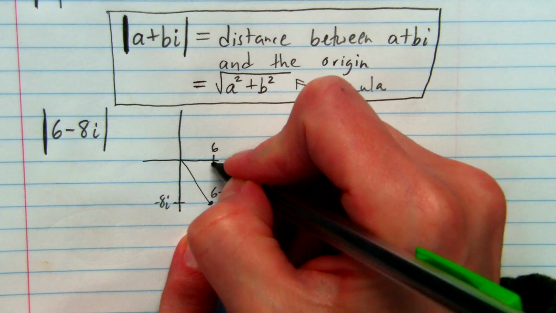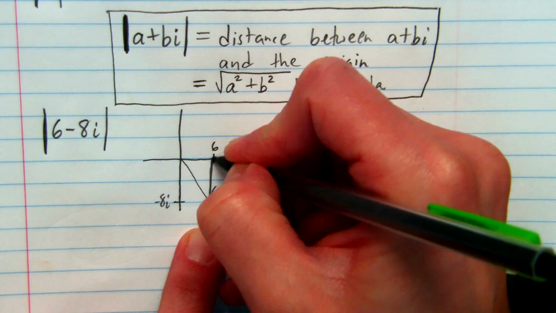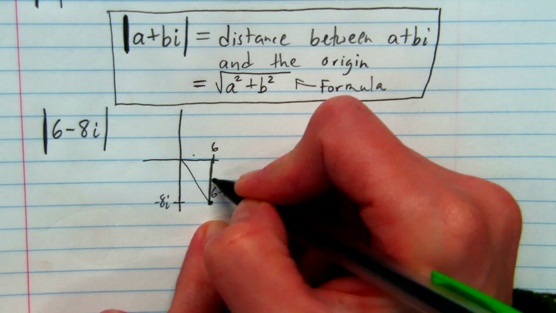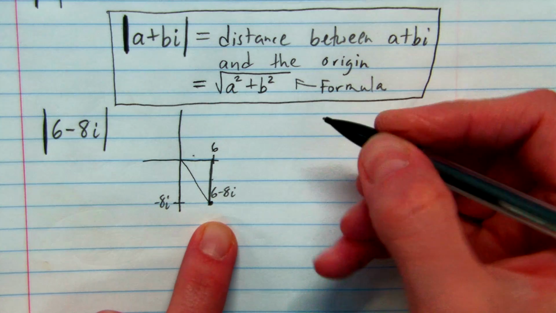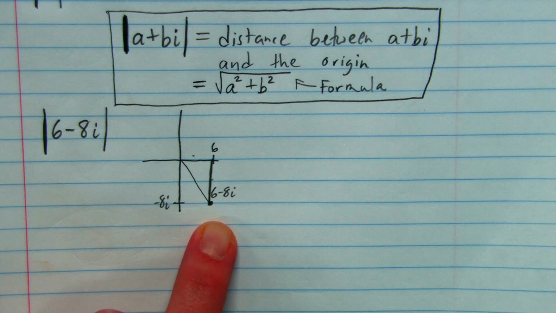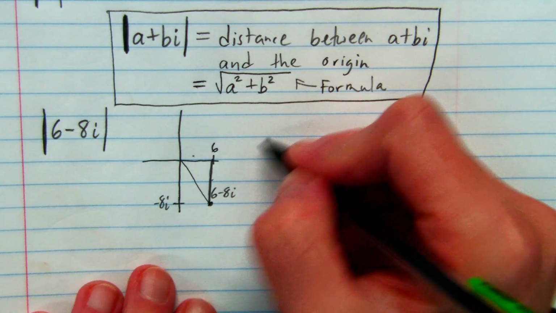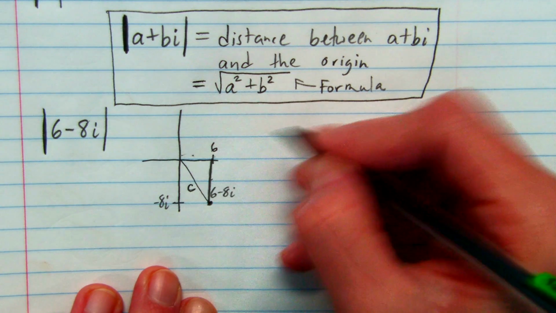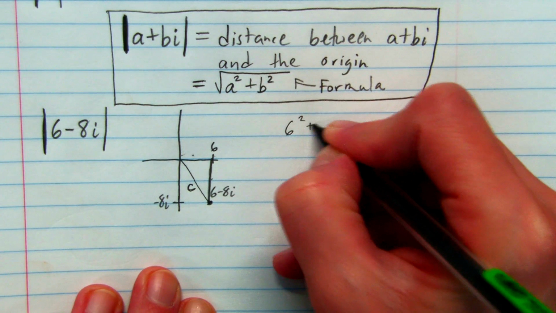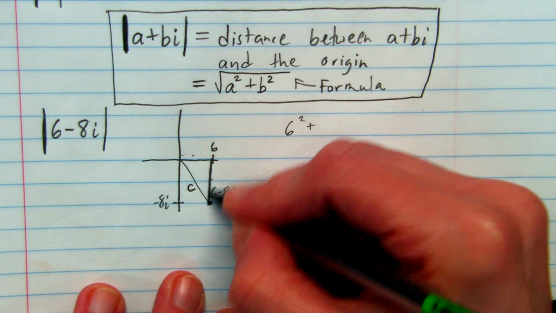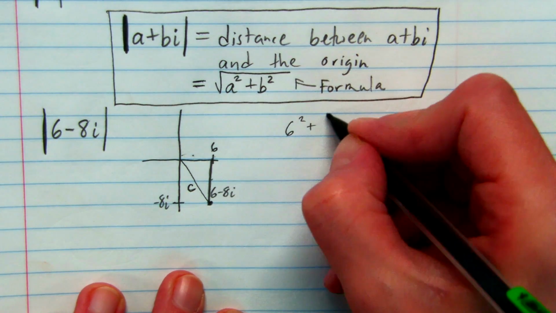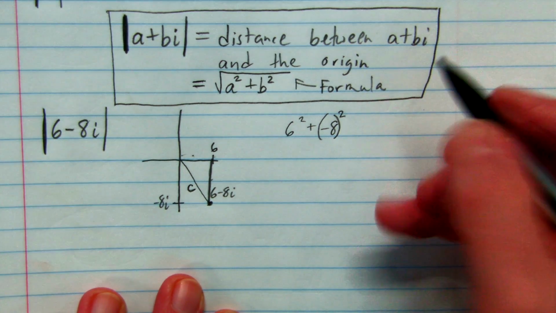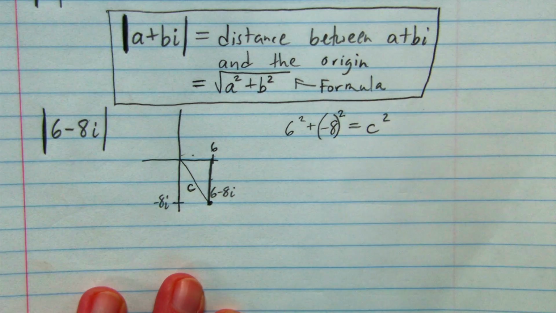If we draw a little pretend line here, we can make a right triangle, and basically you have a side of 6 and a side of 8, and you could think of it as A squared plus B squared, and this would be C. So this distance is 6, so you'd have 6 squared, and then this distance would be 8. You could think of it as negative 8 since it goes down, but when I square it, it won't really matter if I call it 8 or negative 8, because it's just going to end up being positive.